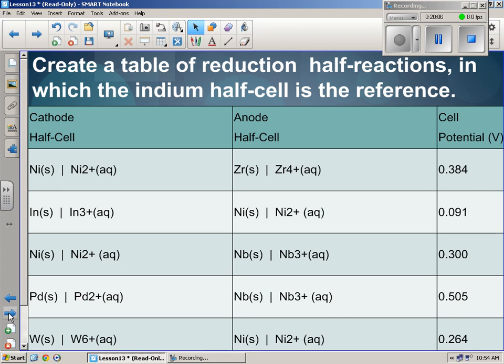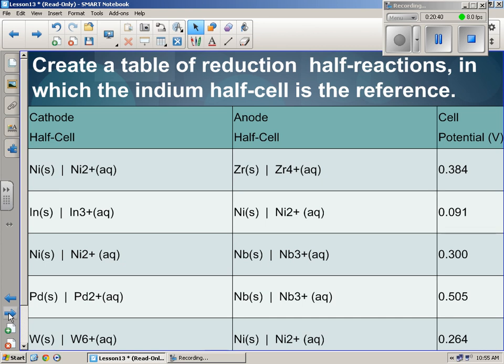Okay. But remember, we are doing reduction half reactions. This is a half cell, and this is a half cell, and this is a half cell in comparison to each other. So what we need to do is organize our list of reduction half reactions from SOA to SRA based on this electrical potential, the cell potential here.